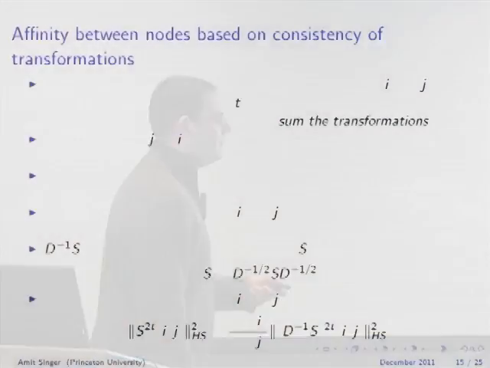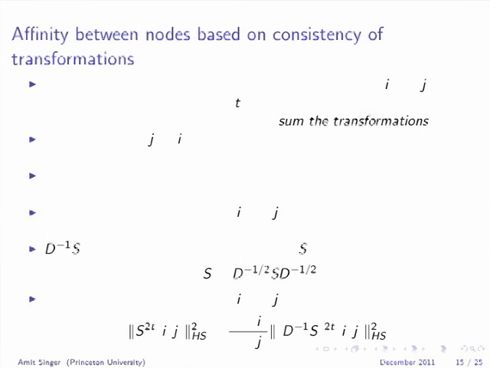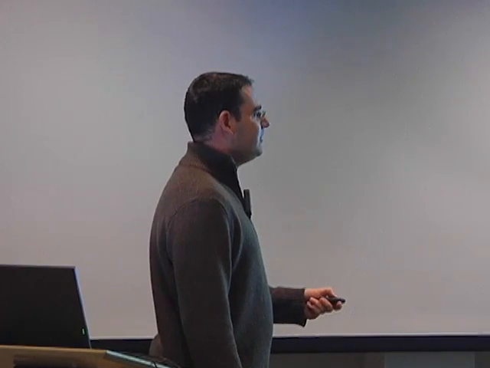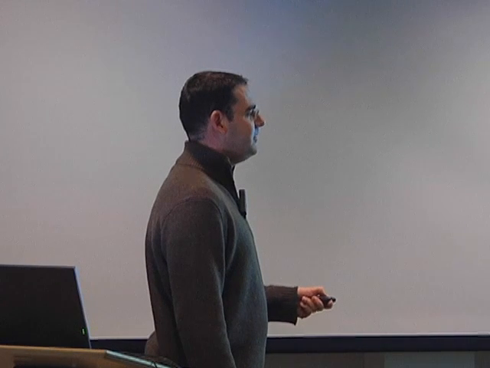So I'm going to choose the Hilbert-Schmidt or Frobenius norm squared for this matrix. And this matrix D inverse S, like we've seen before, is similar to the matrix D minus half S D minus half. So this matrix S wiggle is a symmetric matrix. And what we are going to see in the next slide is that this affinity, this non-negative number, is actually an inner product in a Hilbert space.